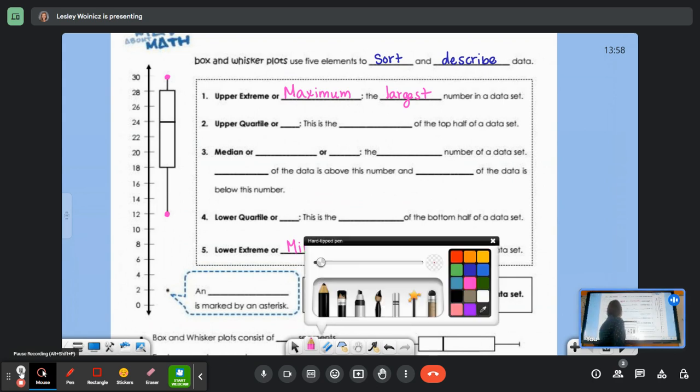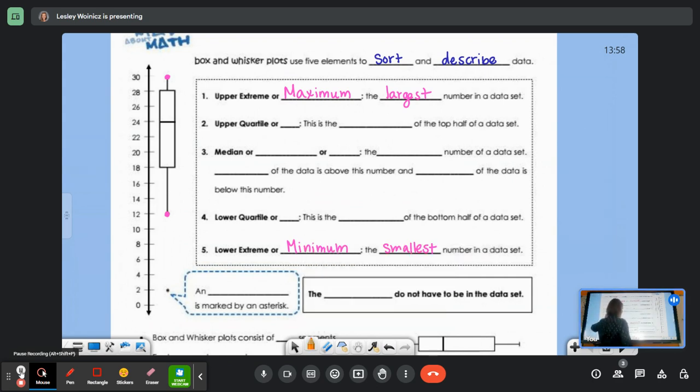In the very middle of our data is our median. That's the same as before. The median is the little line that's inside the box. Another name for it is the center.